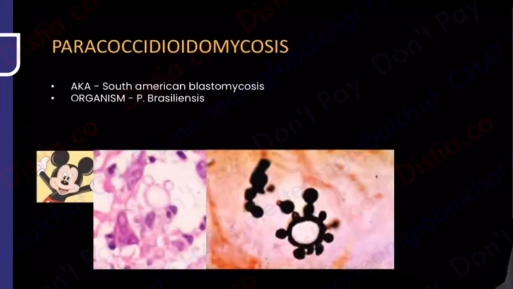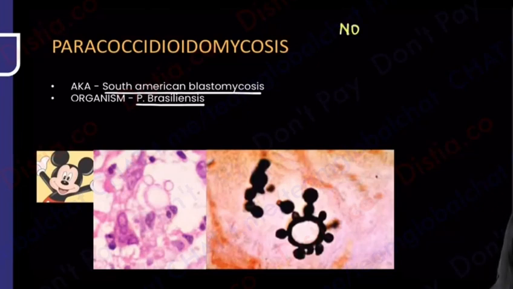So what do we have under paracoccidioidomycosis? This is caused by Paracoccidioides brasiliensis. Brazil means now I am dealing with South American blastomycosis. Simple way to learn if you're good at geography. If you're not, now the confusion has started, because on one side you had North American blastomycosis, and on the other side you have South American blastomycosis.